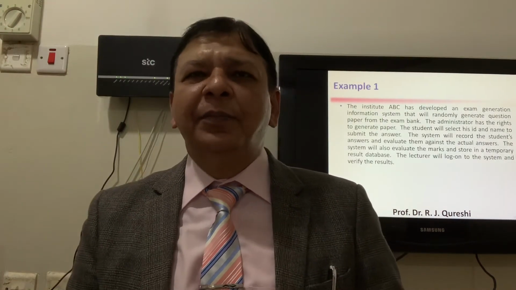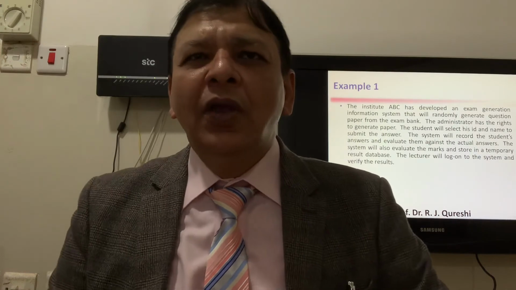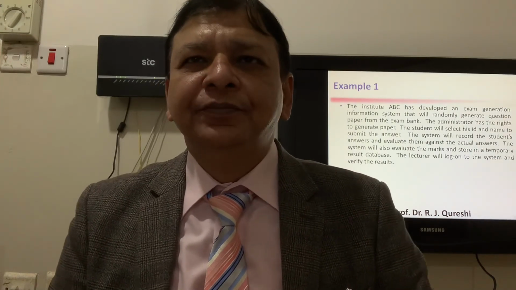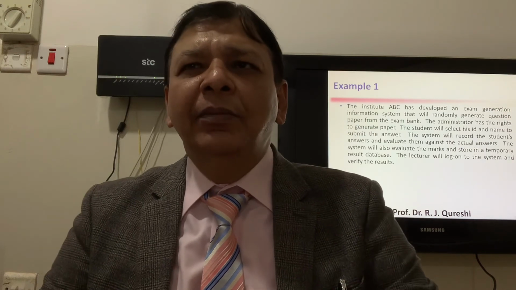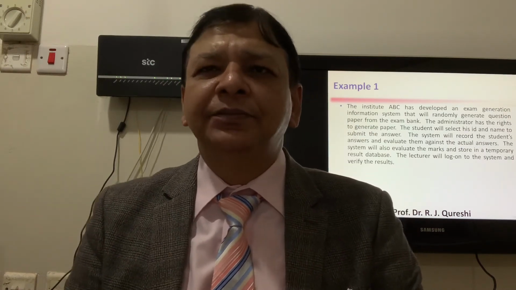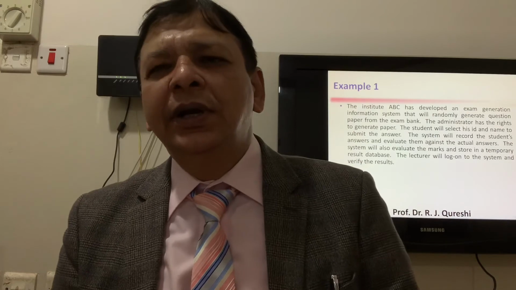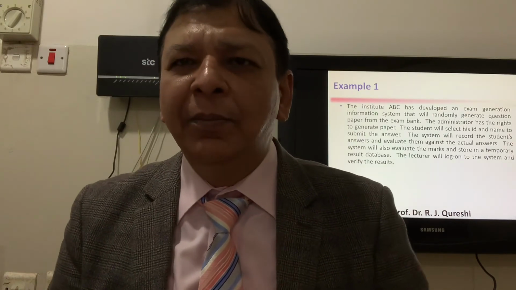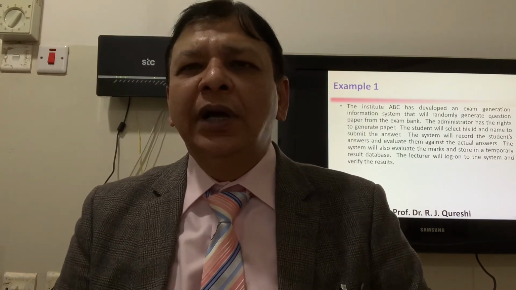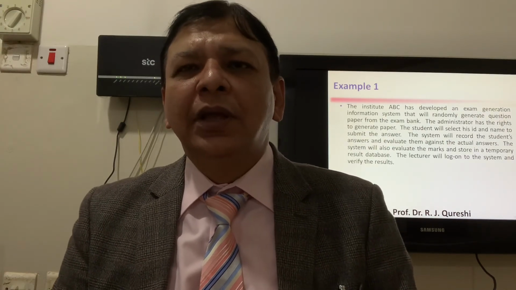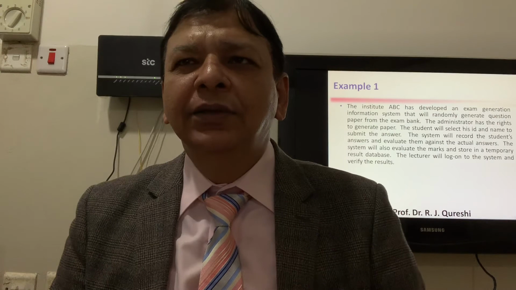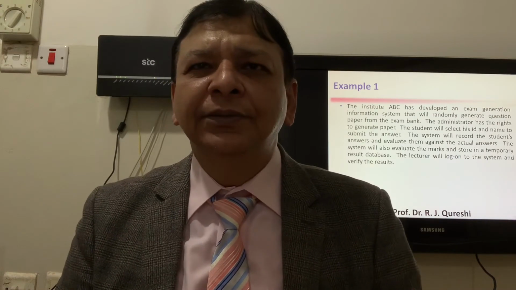Let's take an example of a data flow diagram. We have an institute ABC, for example. It has developed an exam generation information system that will randomly generate question papers from the exam bank. The administrator has the rights to generate the paper. The student will select his ID and name to submit the answer.